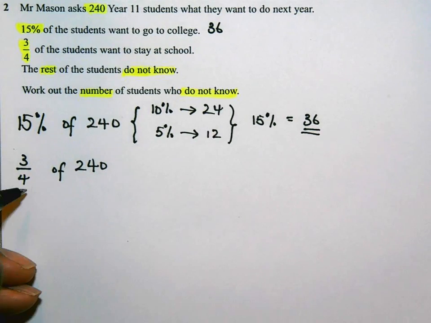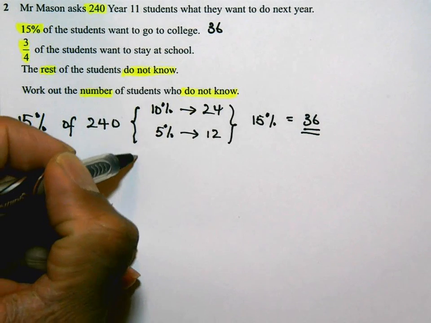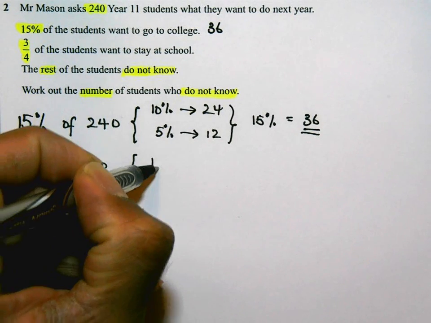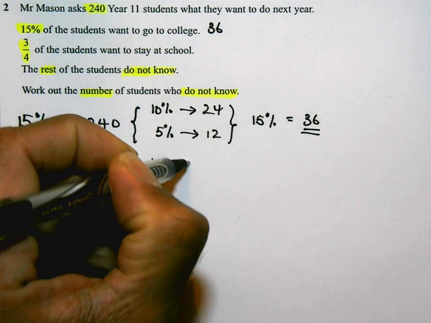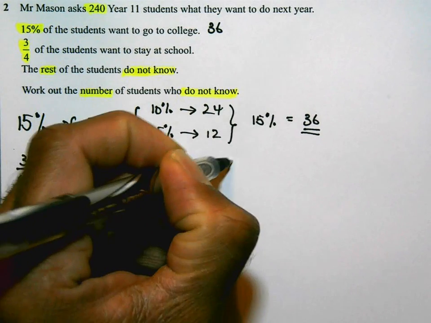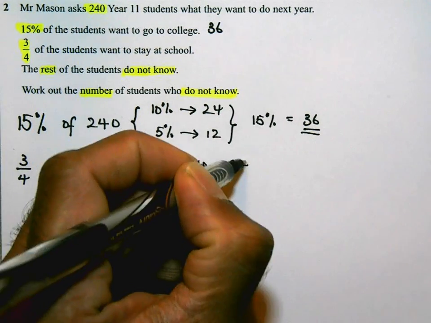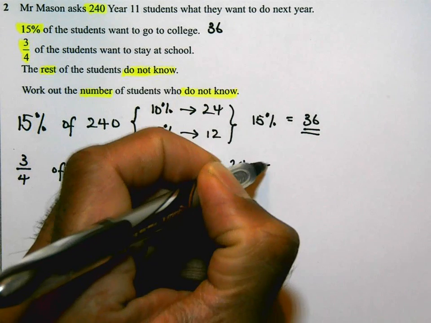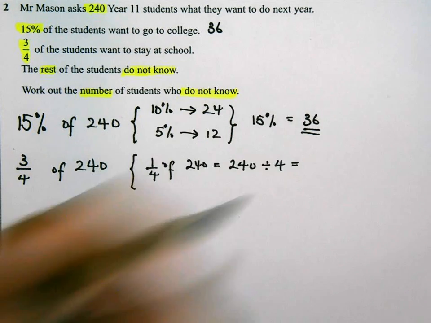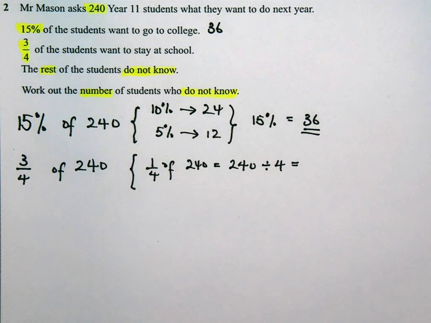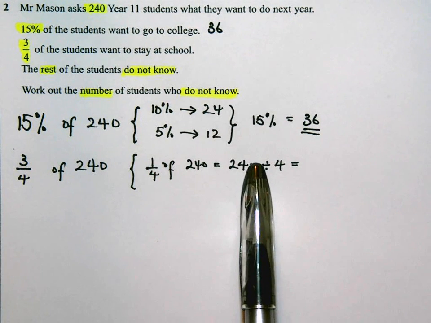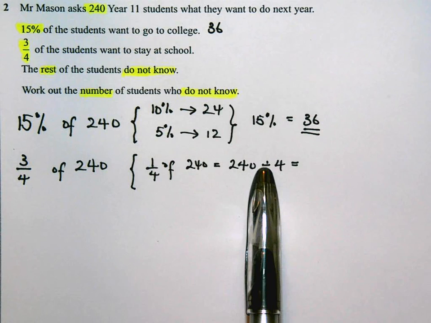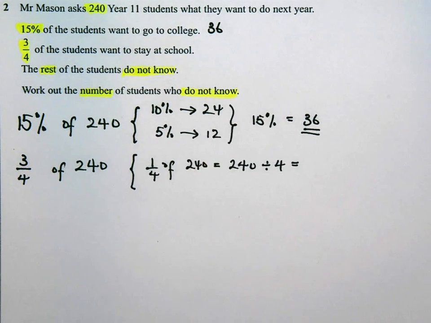3/4 of 240, well, what I'm going to do is find a quarter of 240. A quarter of 240 is 240 divided by 4. Well, if I'm unsure about that, if I just think about 24 divided by 4, how many times does 4 go into 24? It goes into 24 6 times, so 240 divided by 4 is 60.